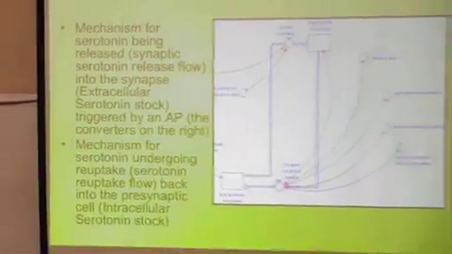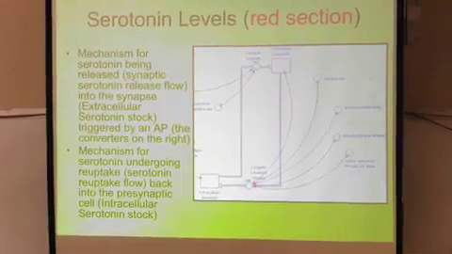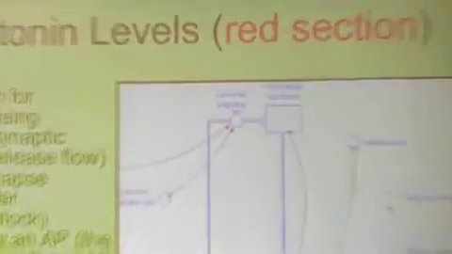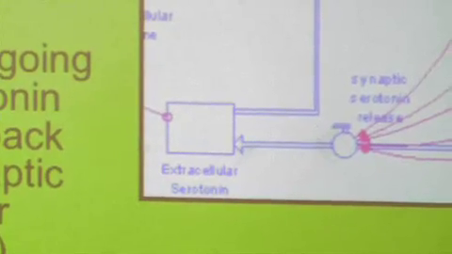So the red section, we have two stocks. We have intracellular serotonin, which is serotonin within the presynaptic cell, and then we have extracellular serotonin, which is serotonin within the synapse.